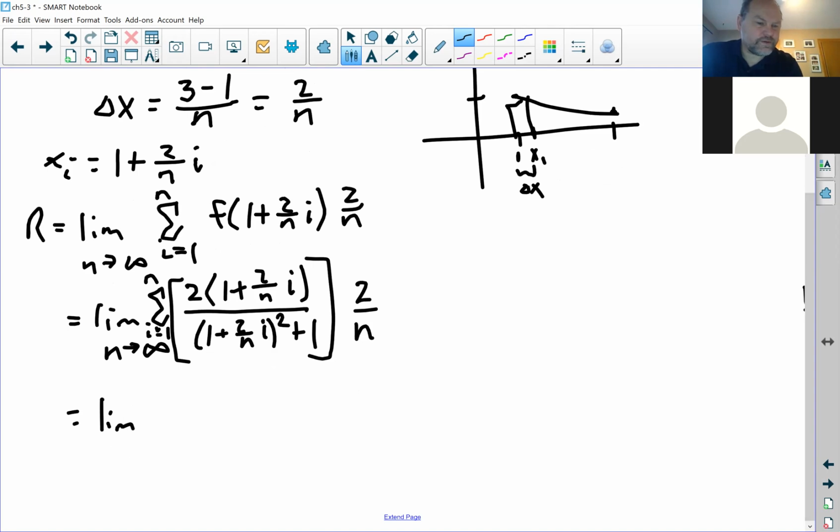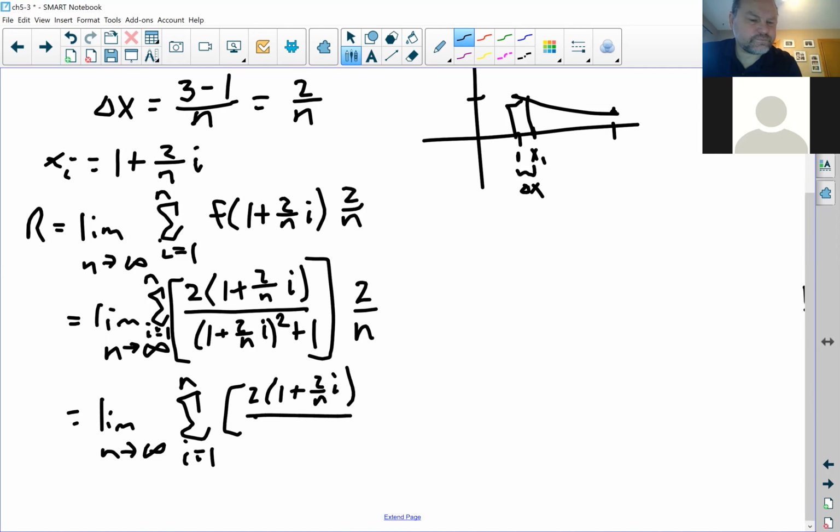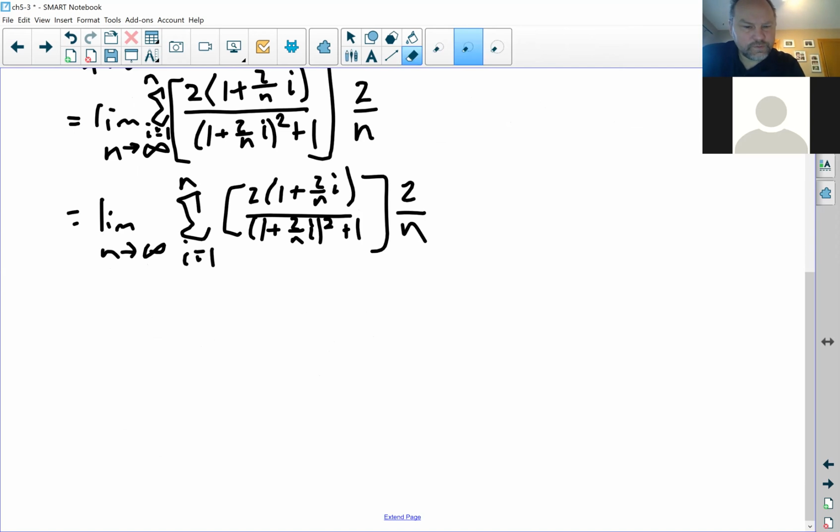Limit as n approaches infinity of the sum, i goes from 1 to n, of that whole thing. And that's an i there.